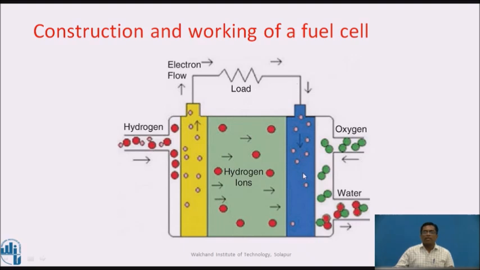When the electrons reach the oxygen electrode, oxygen accepts these electrons and gets converted into oxide ions. So here the H plus ions and O minus minus ions, that is, hydrogen ions and oxygen ions, combine with each other and form a water molecule. This is released from the outlet for water.